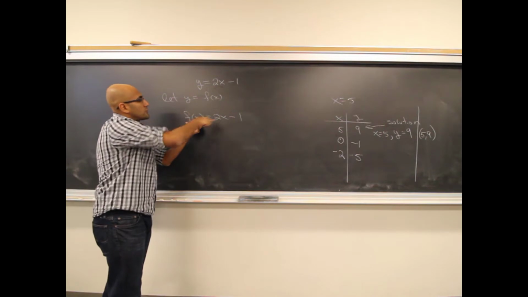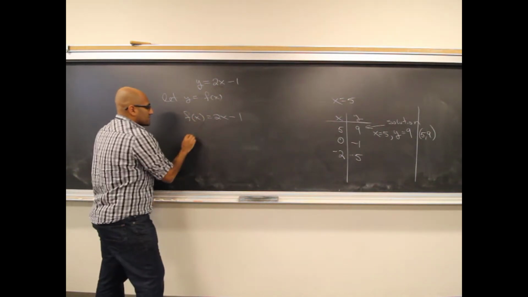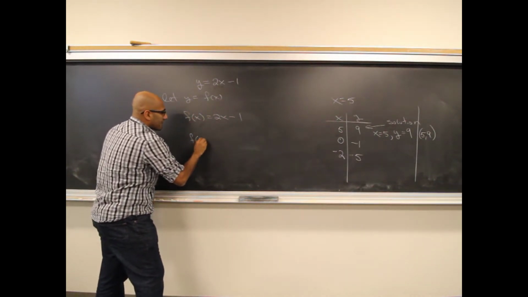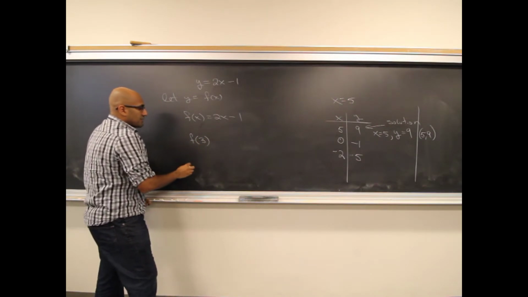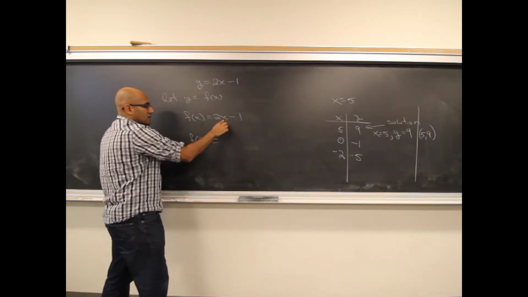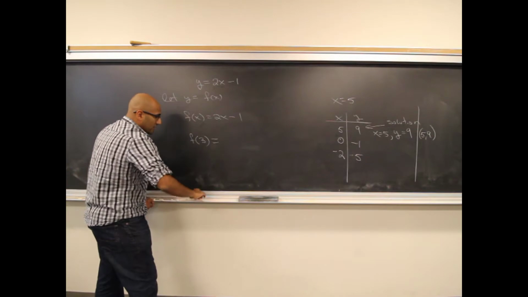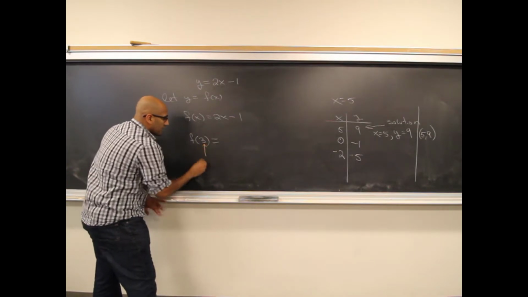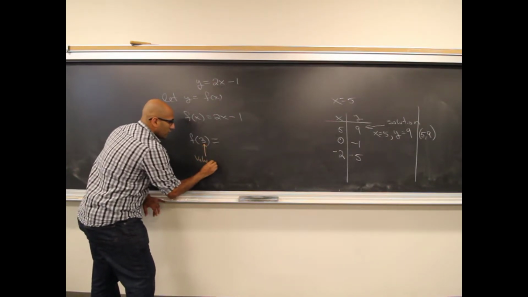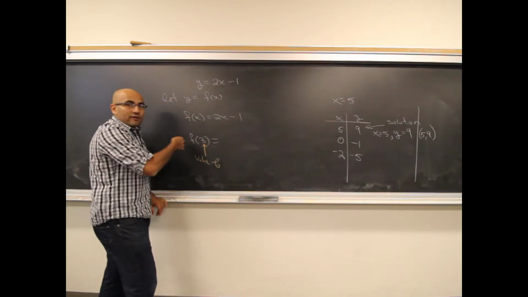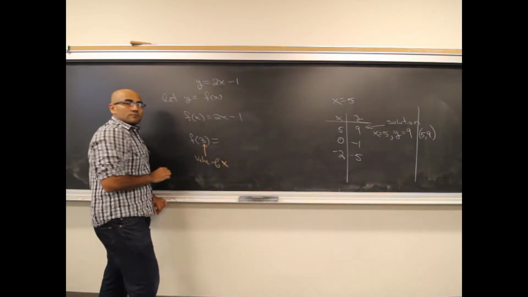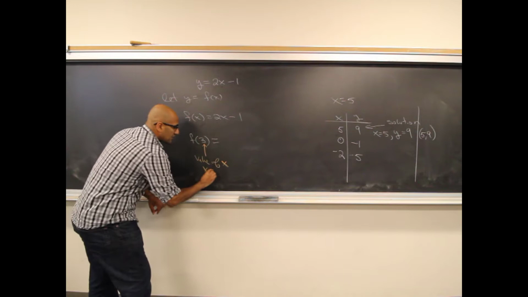So what we want to do is we want to be able to write f of x this way. So f of 3, for instance. This means that we're going to replace each of the x's with the number that's in there. So this value in here is the value of the independent variable, in this case x. Okay, so this means x equals 3.